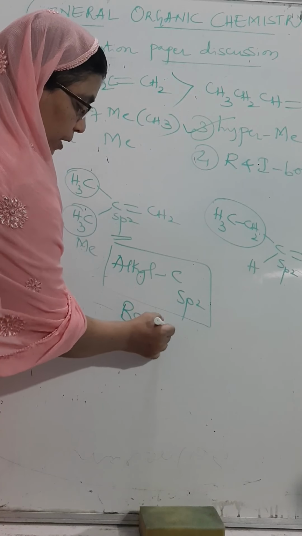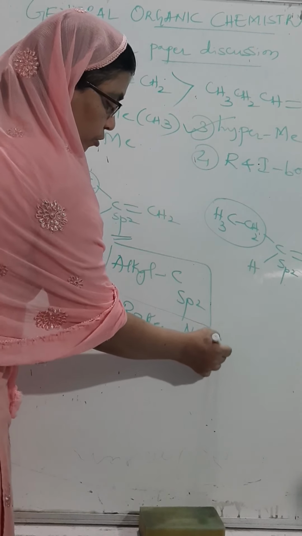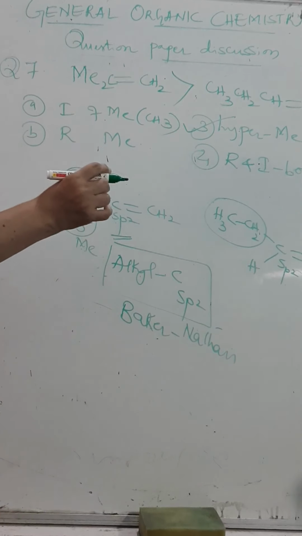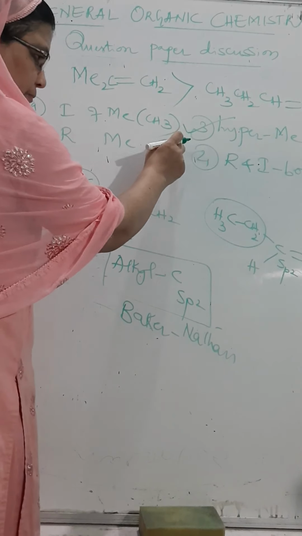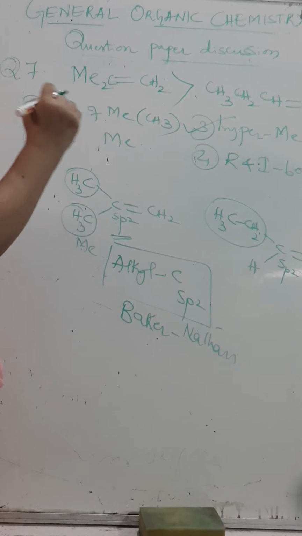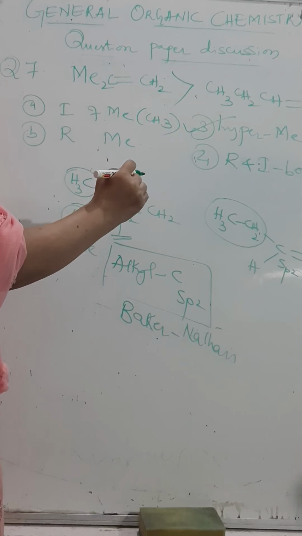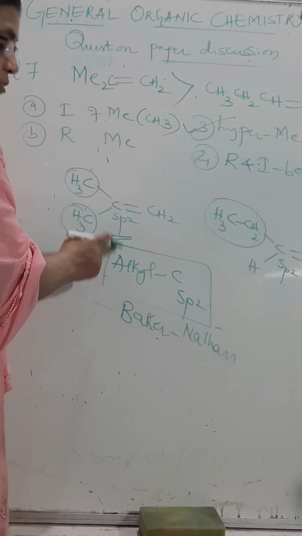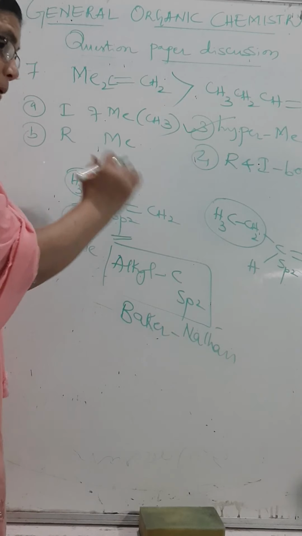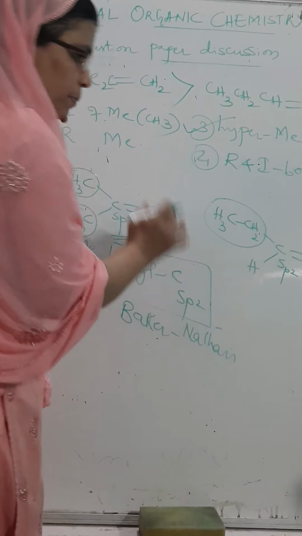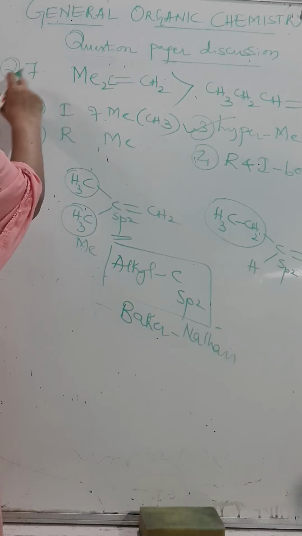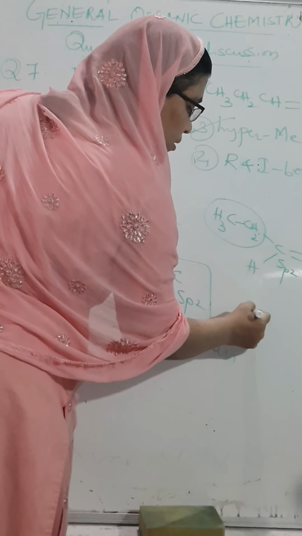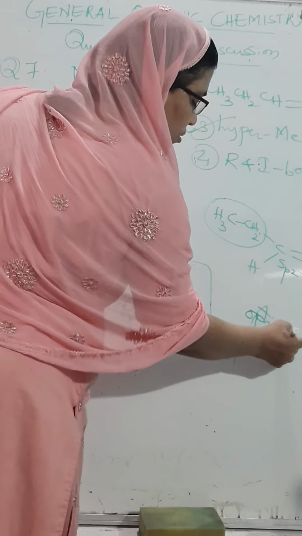If they sometimes ask a question related to the Baker-Nathan effect, we need to answer in the same way, because hyperconjugation is a permanent effect, but a weak effect, where delocalization takes place between pi and sigma. Sigma from the alkyl group, pi electrons from the sp2 hybridized carbon atom. Therefore, for question number 7, the third option is correct.